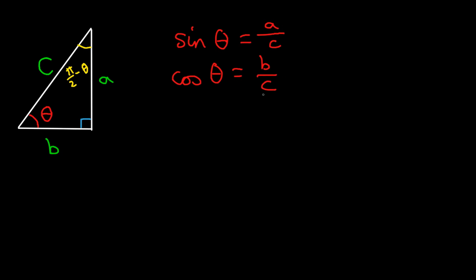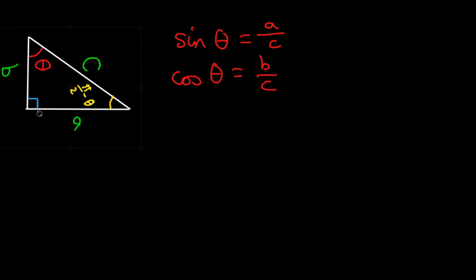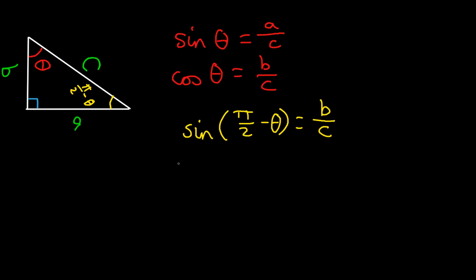Now, if we rotate all of this by 90 degrees, then we can say the sine of this angle, sine of pi over 2 minus theta, is equal to b over c, and the cosine of pi over 2 minus theta is equal to a over c.